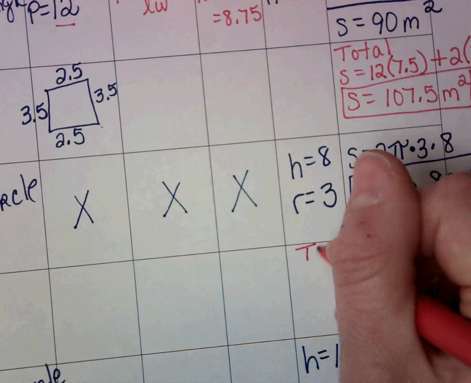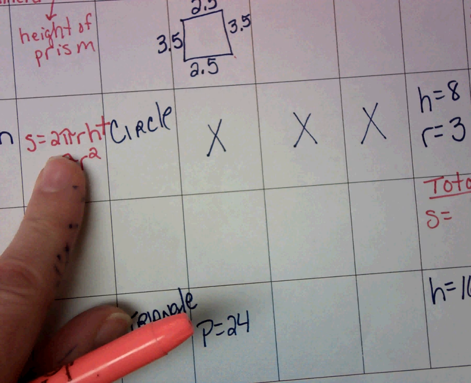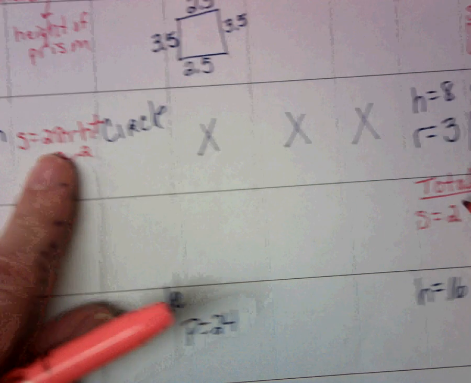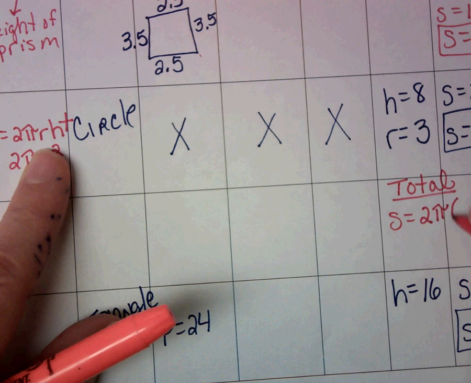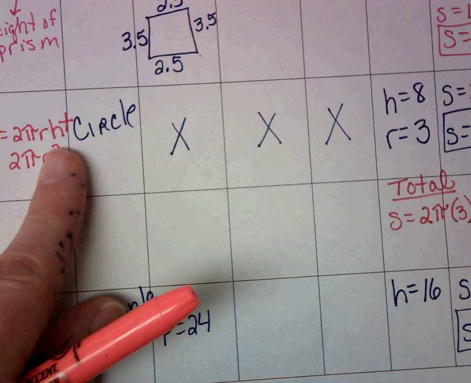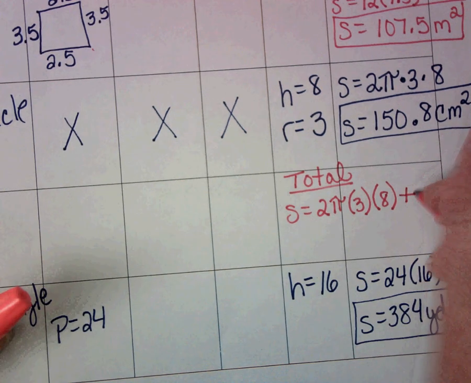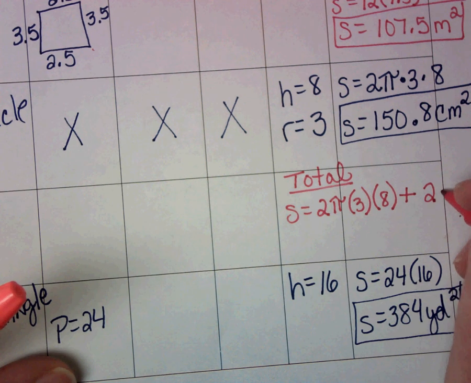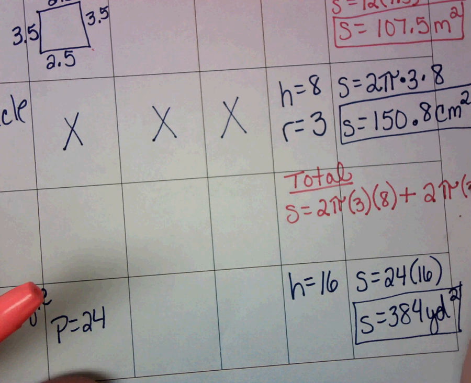So for our total surface area, okay, I'm going to look at the formula. I'm going to say 2 times pi times our radius, which was 3, times the height, which is 8, plus 2 times pi times my radius, which was 3 squared.